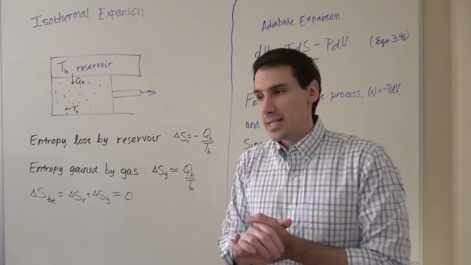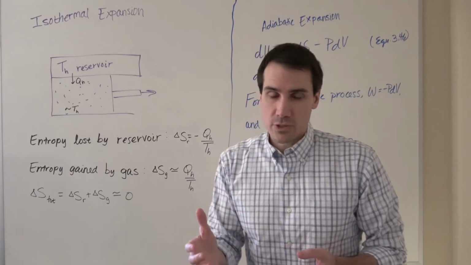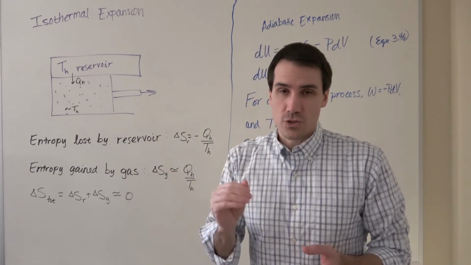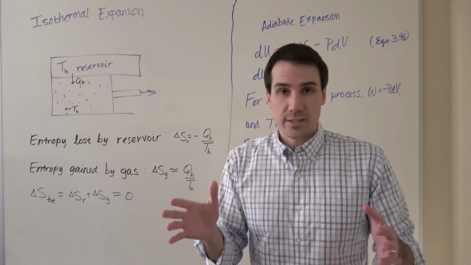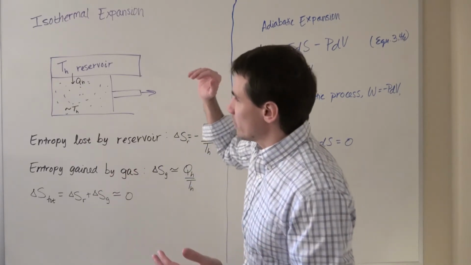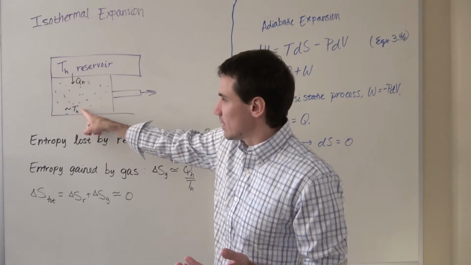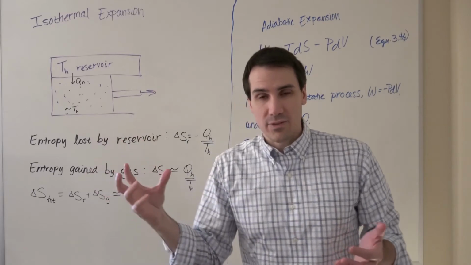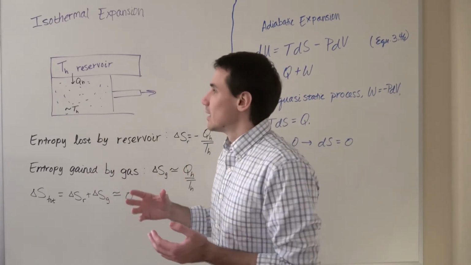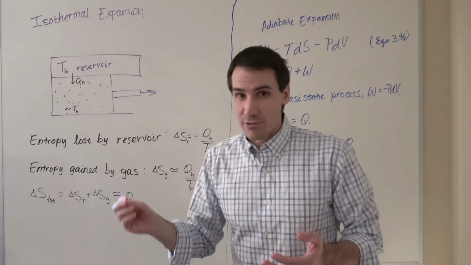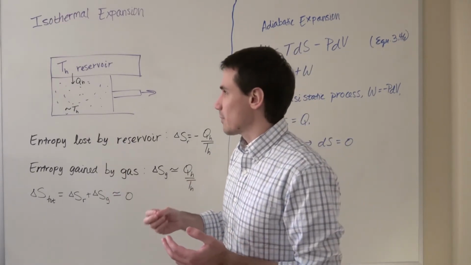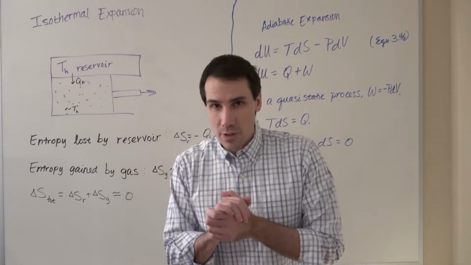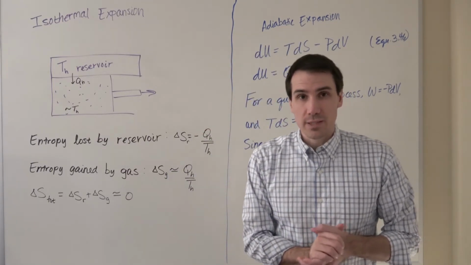Heat flow is dictated by a few things, but one of the major contributors is the temperature difference between the two objects where heat is being transferred. So if TH is the same, that is, the reservoir temperature is the same as the temperature inside of the gas of the engine, the heat flow is going to be very, very slow because the temperature difference is very small. But this allows us to create almost zero entropy.